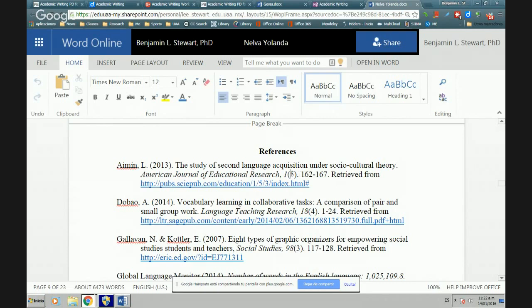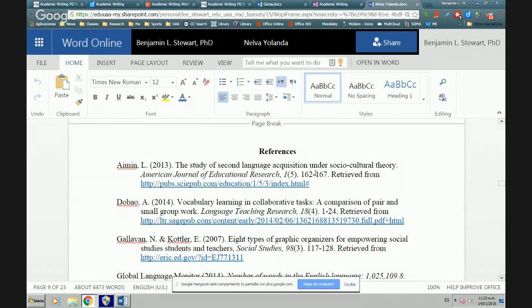The second number in parentheses is the issue number. Sometimes one volume will have several issues. Sometimes you won't find the issue number, so if it's not there, that's fine. But almost always there'll be a volume number.